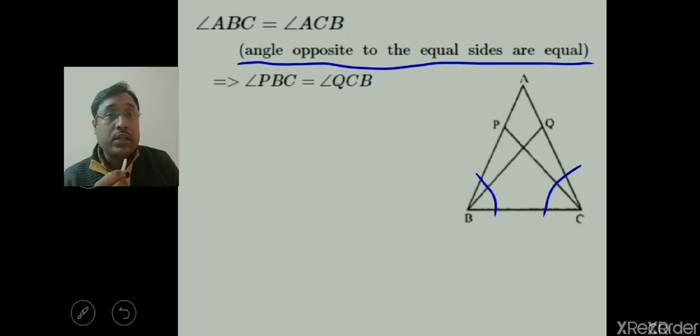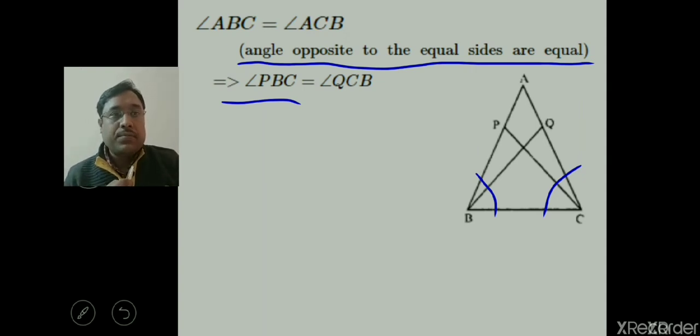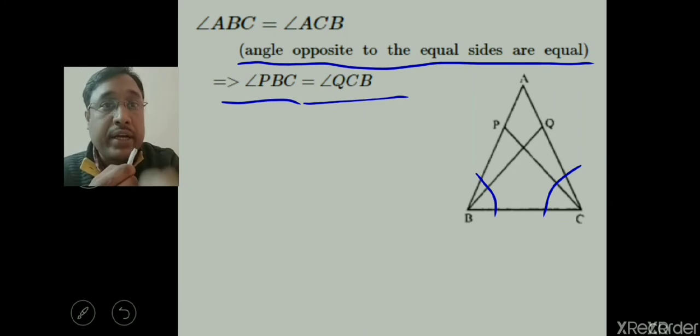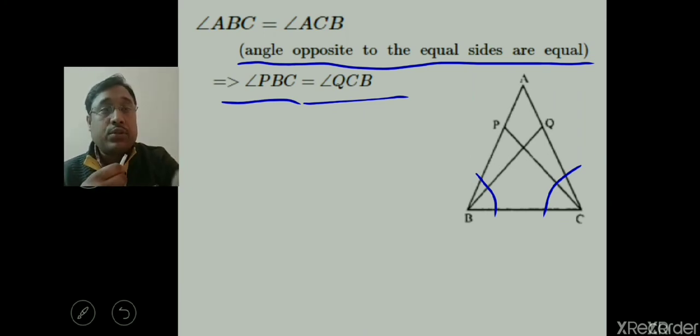So you can say angle PBC and angle QCB are also equal, because PB is a small part of AB, and similarly QC is a small part of AC. At the place of angle ABC you can write angle PBC, and at the place of angle ACB you will write angle QCB.